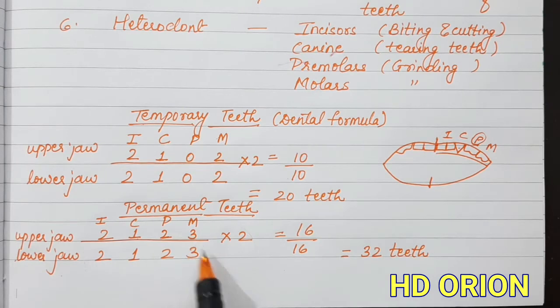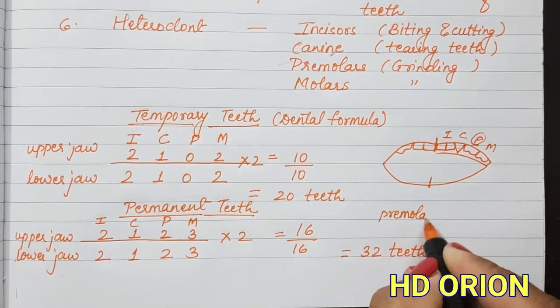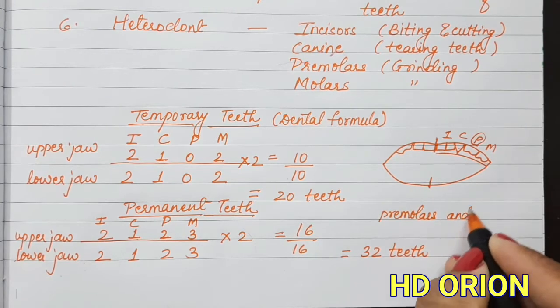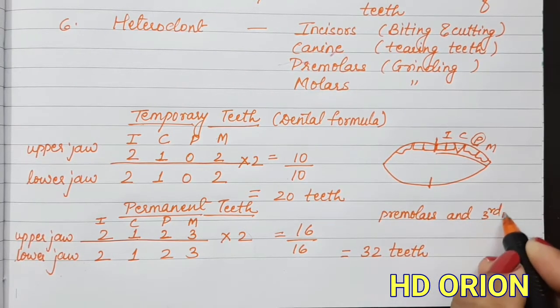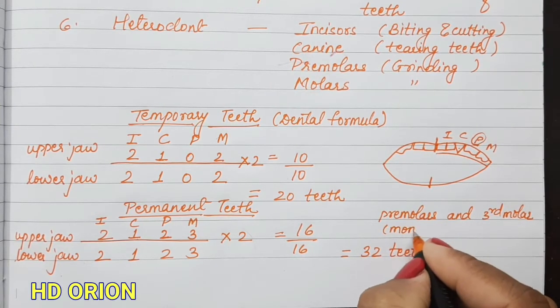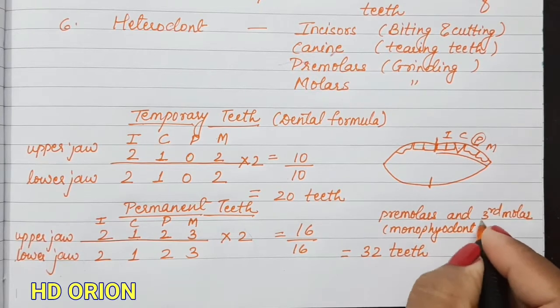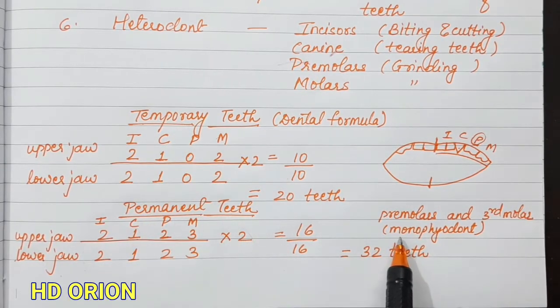And the wisdom tooth. So the premolars and the third molar are monophyodont. That means they are not present in the temporary teeth. They appear only once. Otherwise, rest all the teeth are diphyodont.